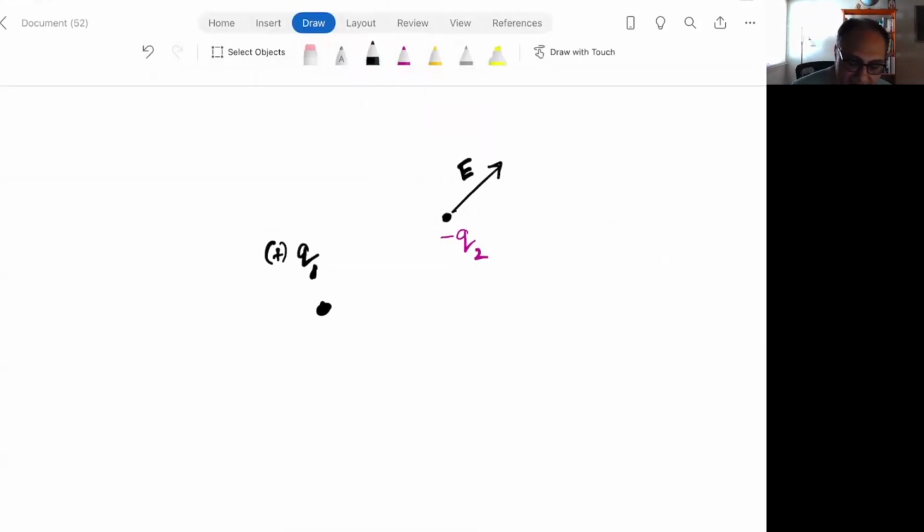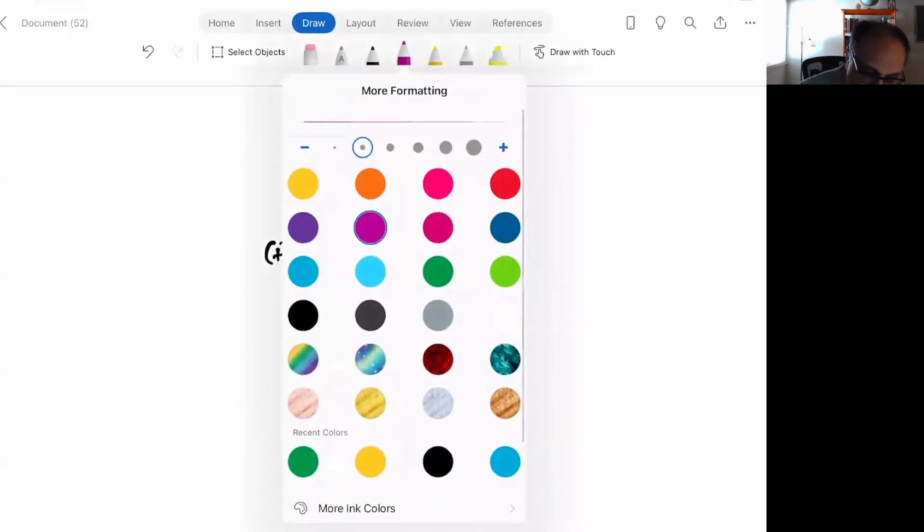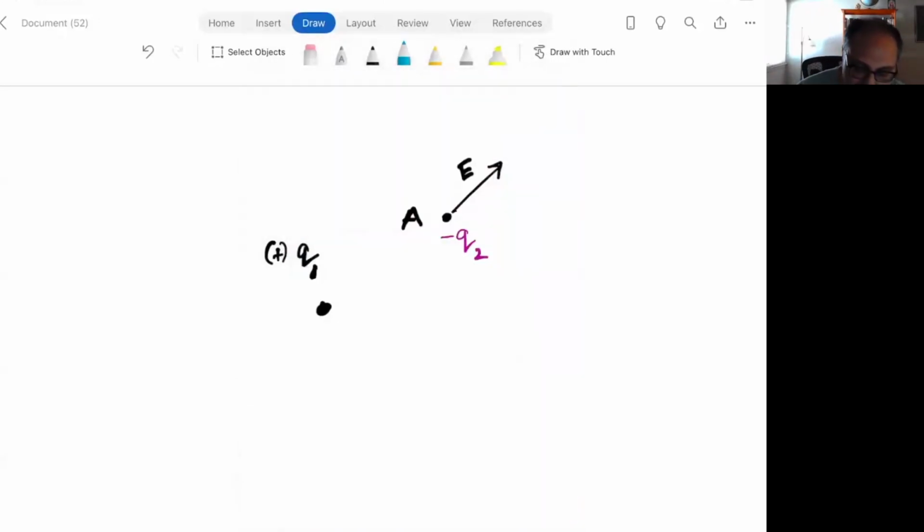So now let me ask you the same question that I asked a little while ago. What is the direction of the force on Q2? It's sitting in an electric field which is pointing up and to the right, and it's a negative charge. So what direction is the force on Q2? Down to the left? Exactly, because a negative charge will feel a force opposite the direction of the electric field. And so Q2 is going to feel a force in this direction, which is exactly what we expect.